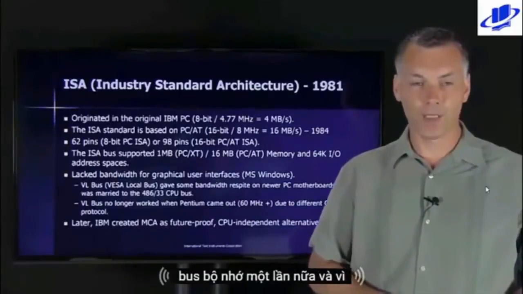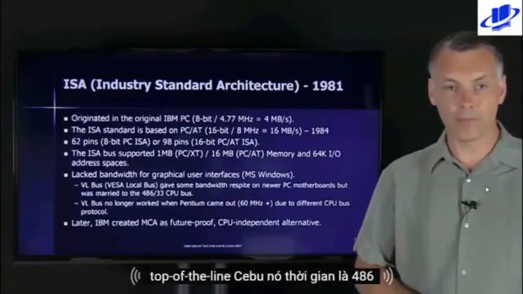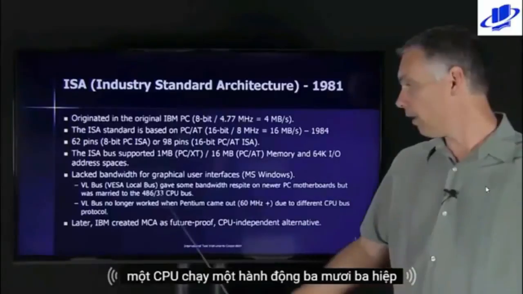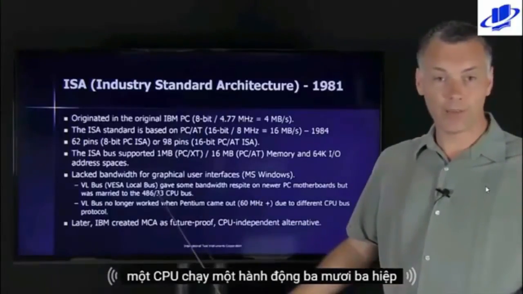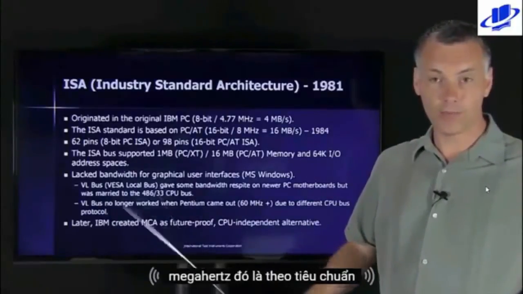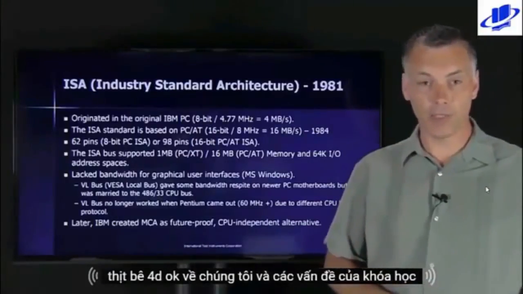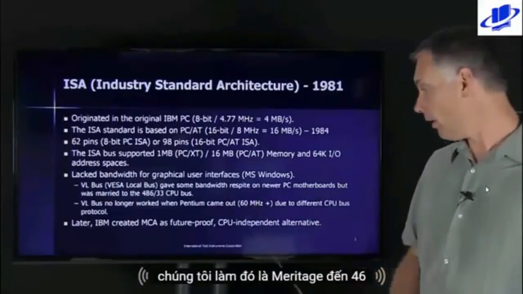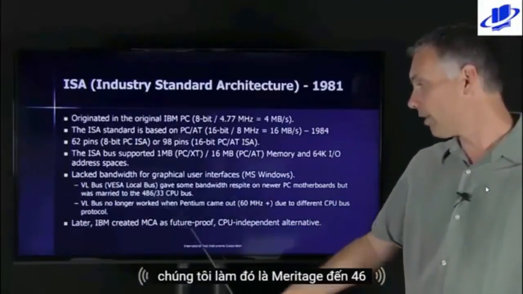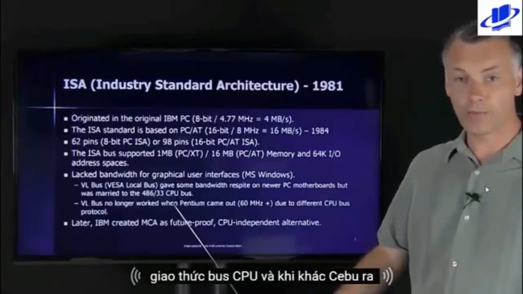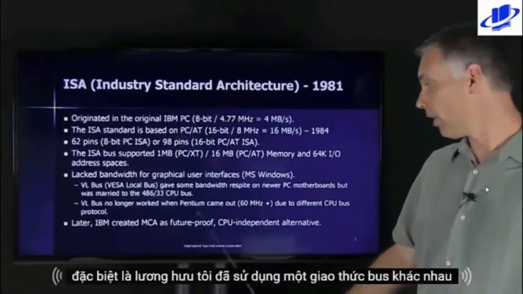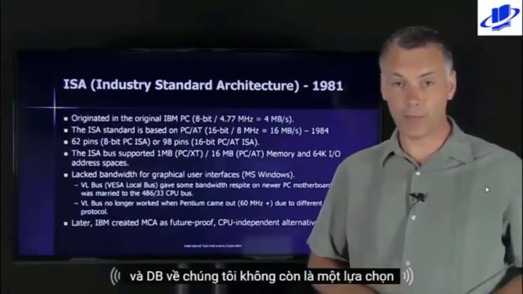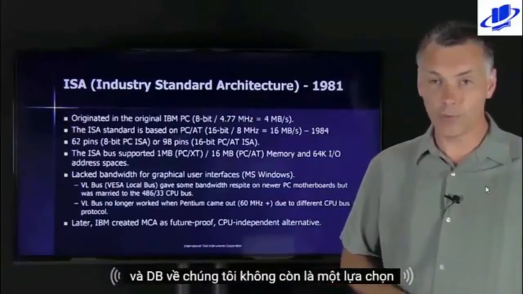Because the top of the line CPU at the time was the 486 CPU running at 33 megahertz, that was the bus standard for the VL bus. And the problem, of course, with doing that is that they married it to the 486 CPU bus protocol, and when other CPUs came out, particularly the Pentium, it used a different bus protocol, and the VL bus was no longer an option. It simply didn't work.